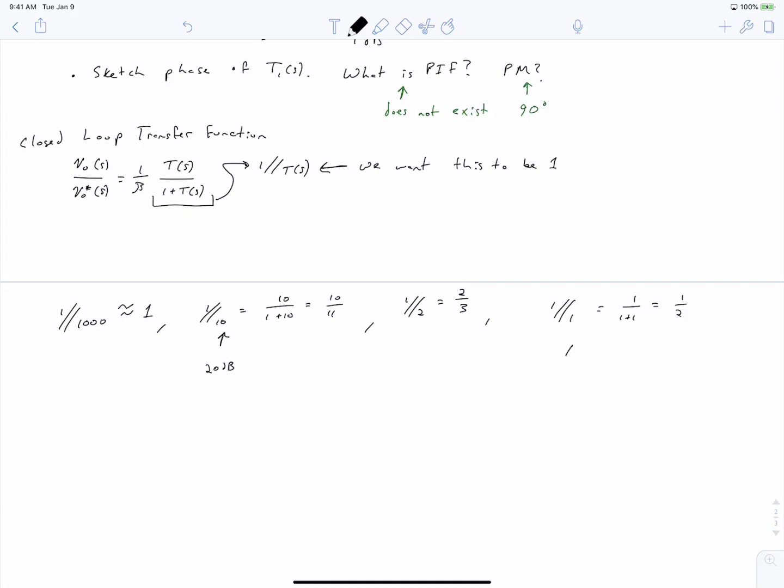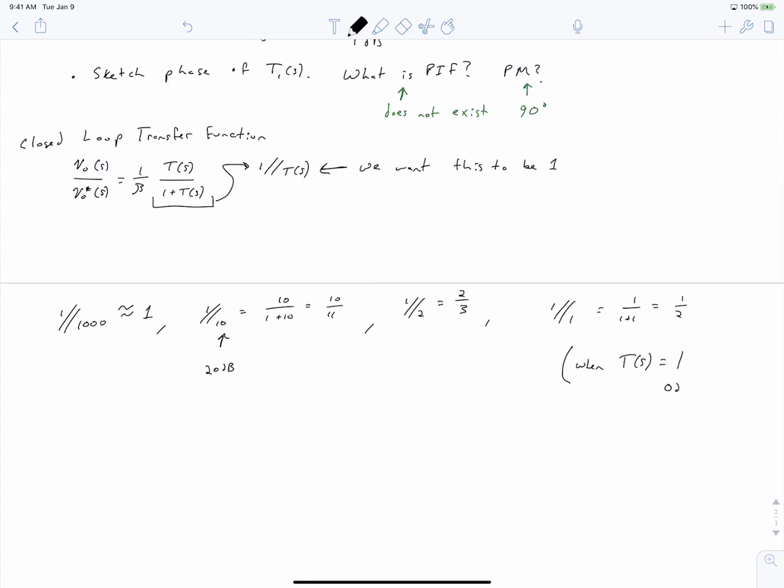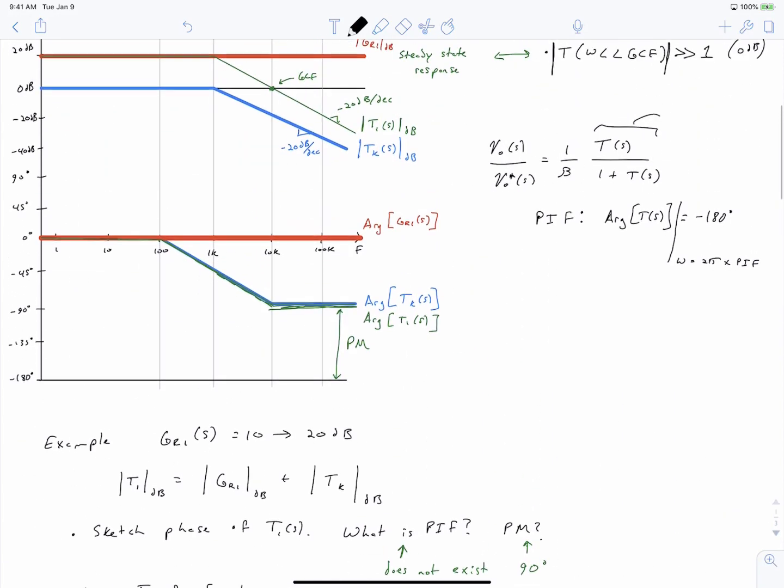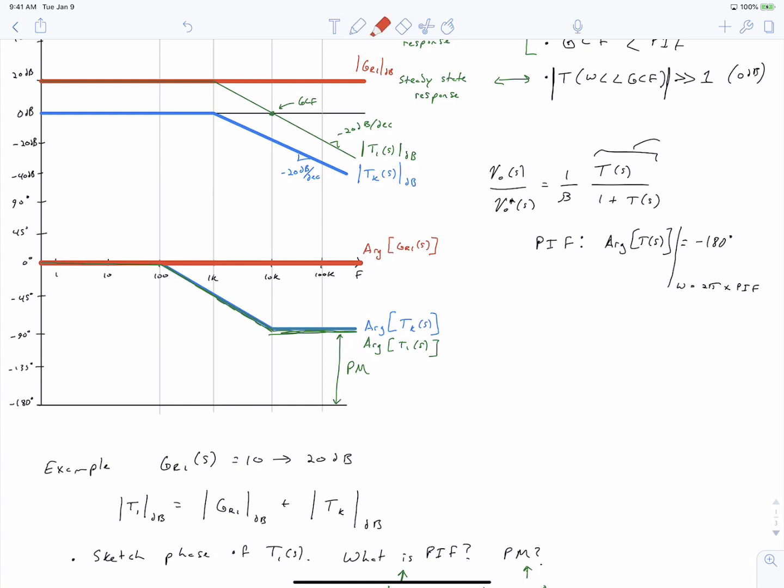And this corresponds to a situation when T of S is at the gain crossover frequency. When T of S is equal to 1, or 0 decibels, you have this situation taking place right here. So that means that at frequencies corresponding to this point right here, you will have noticeable error.